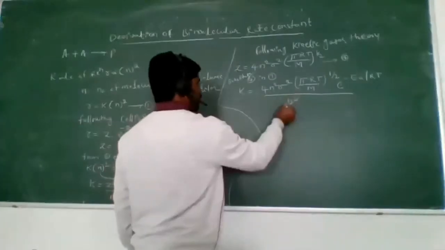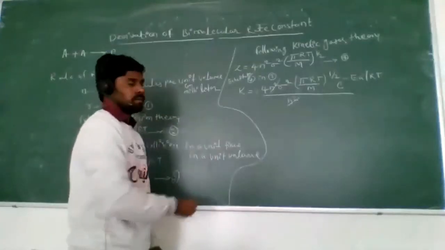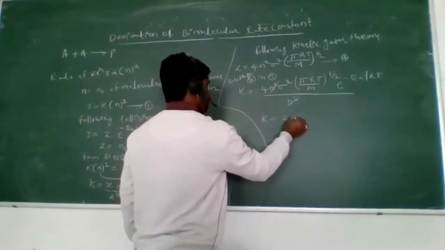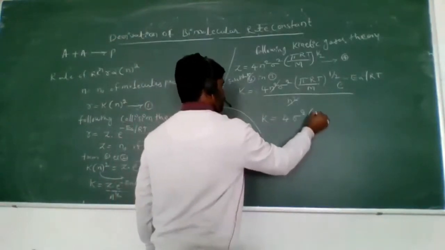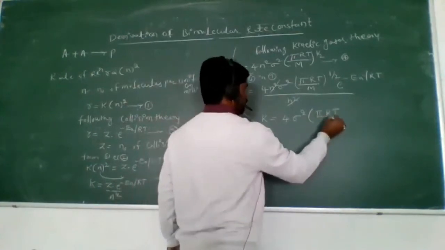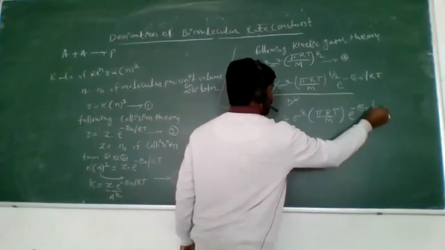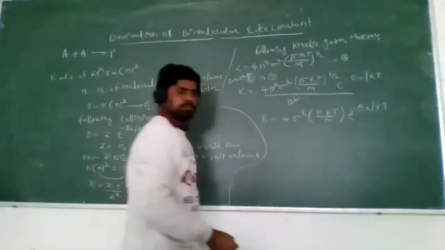This n squared and that n squared are cancelled. What remains is k equals 4 sigma squared times pi RT by m to the power 1 by 2, e power of minus Ea by RT.